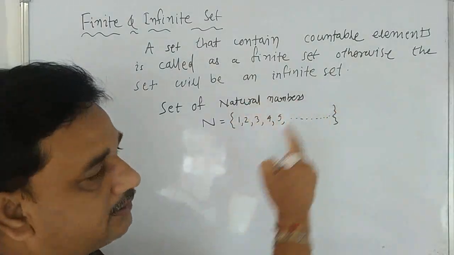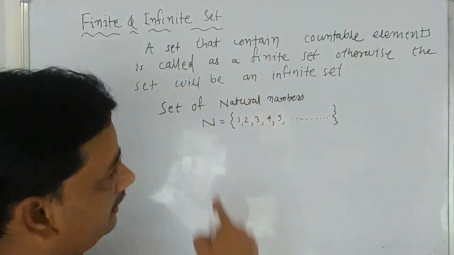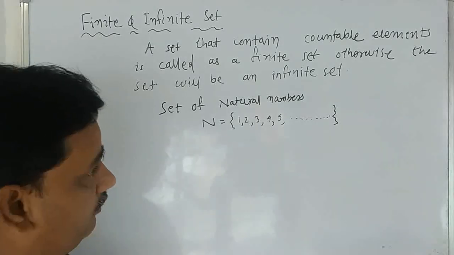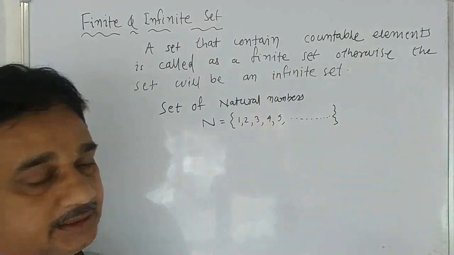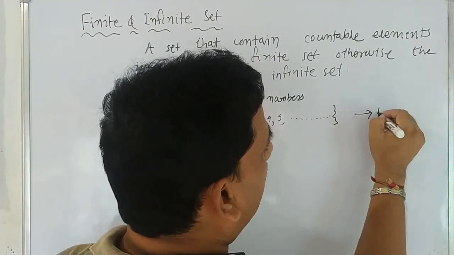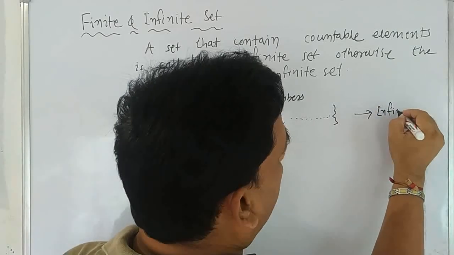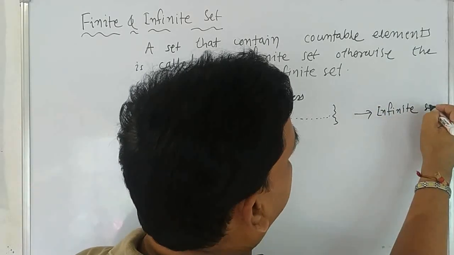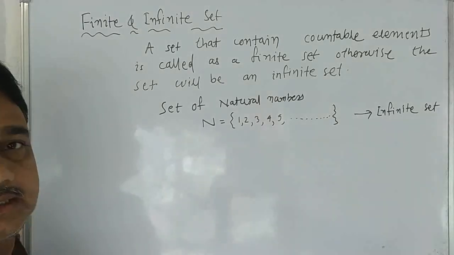Here I have not given any condition, only the set of natural numbers. So here you cannot count how many elements are there in this set. Hence, this is an example of an infinite set.